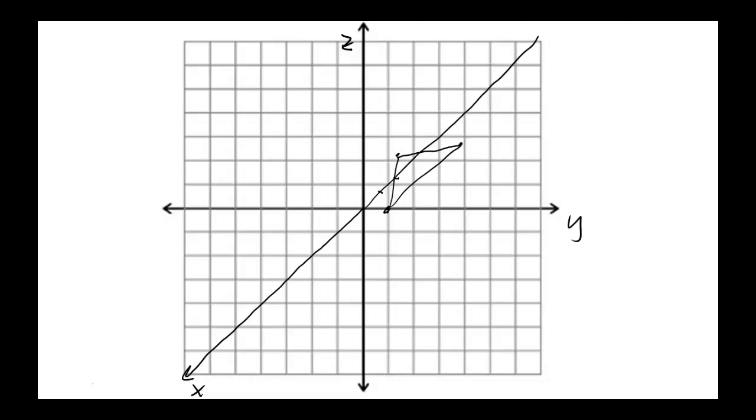Okay, that's 0, 1, 0, negative 1, 3, 2, and this is negative 2, 0, 1.